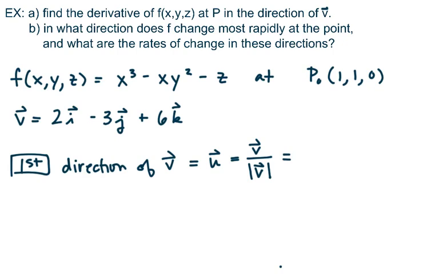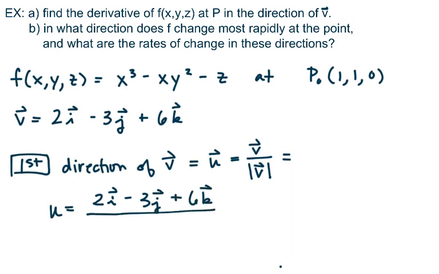The magnitude is the square root of 2 squared plus negative 3 squared plus 6 squared, which is root 49. So u is 2i minus 3j plus 6k divided by root 49, which is 7.